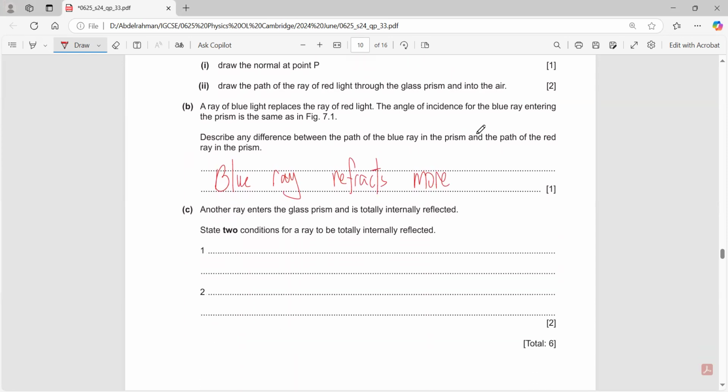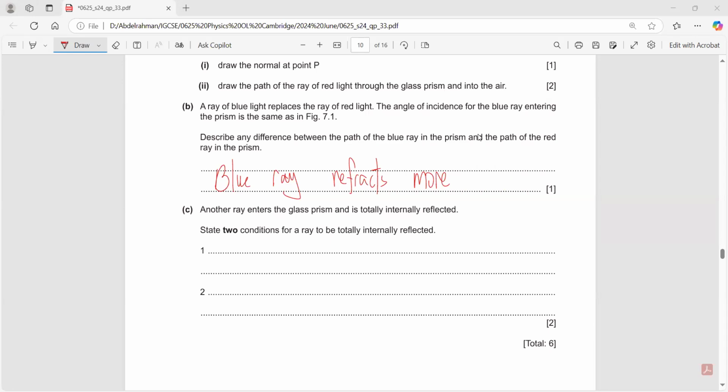Another ray enters the glass prism and is totally internally reflected. State two conditions for a ray to be totally internally reflected. We need two conditions for total internal reflection. Critical angle. You can't just say it; it exceeds.